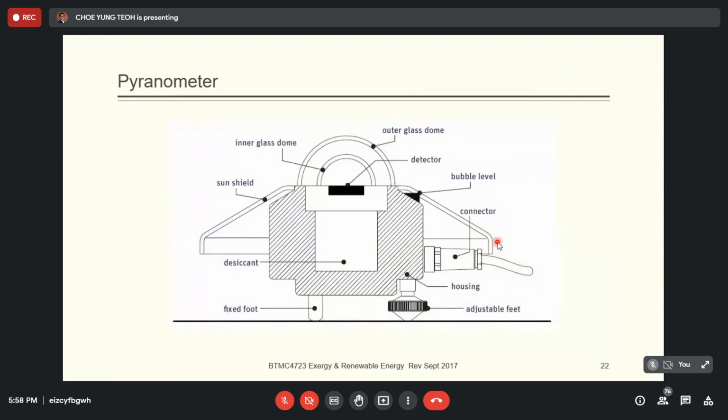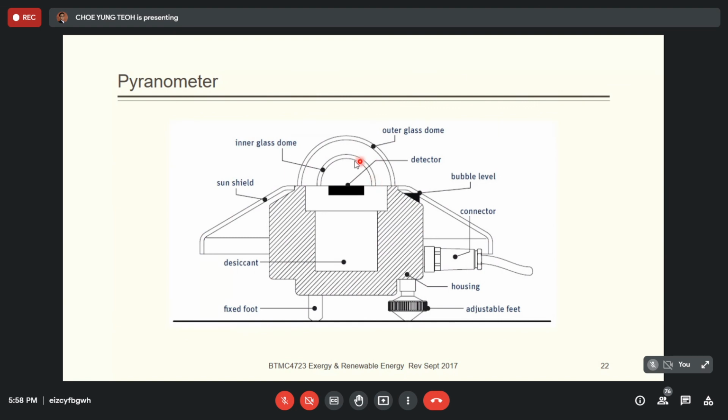This is the schematic diagram of the pyranometer. You can see that first you have two layers of glass dome. Why do you have two here? Actually, this pyranometer has a few standards. Some have one layer of glass dome, some have two layers, depending on your requirement, how accurate you need the measurement to be.